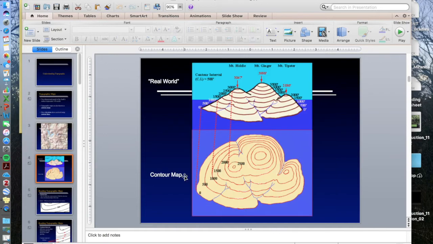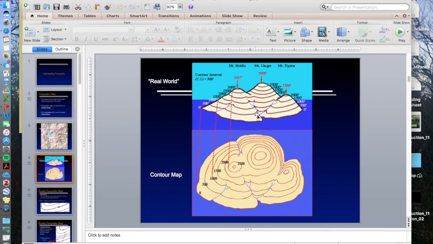Again, we're representing a 3D model. In the real world, we can have something like this island with a series of peaks, and we're drawing it and asking, where is sea level? Our next contour will be in 500 increments. This isn't all theoretical, so it could be meters or it could be feet.